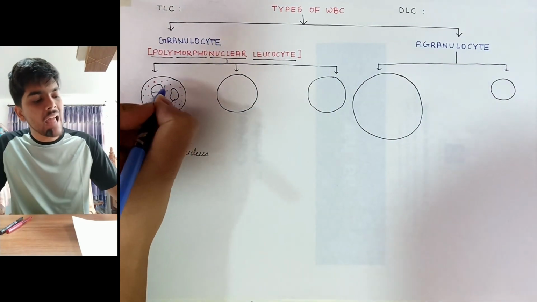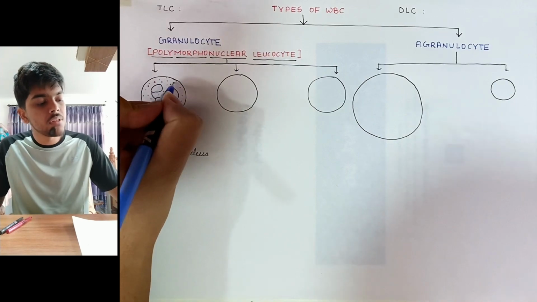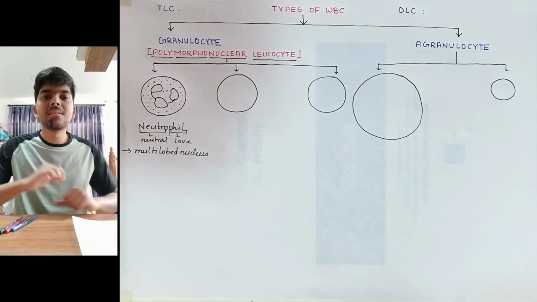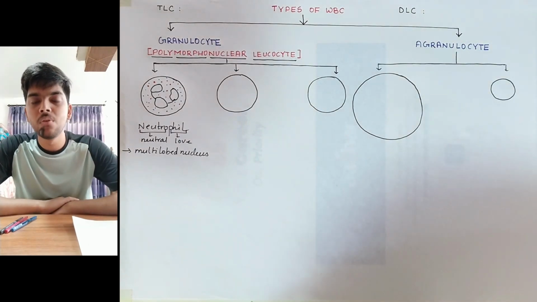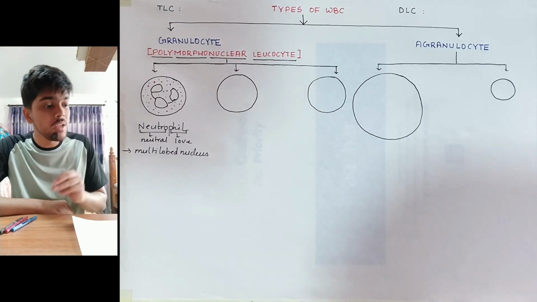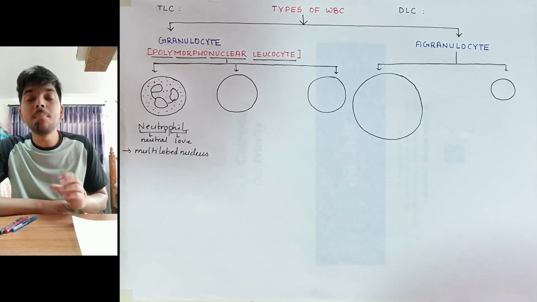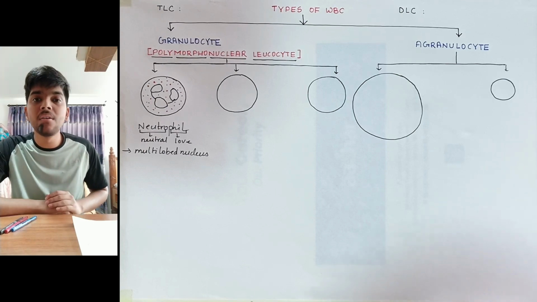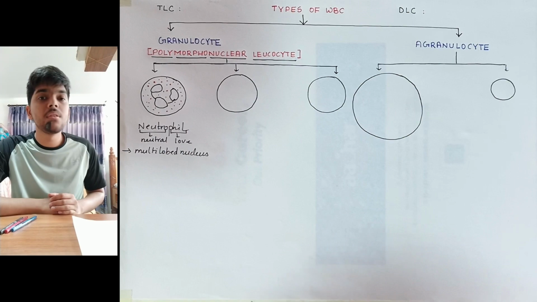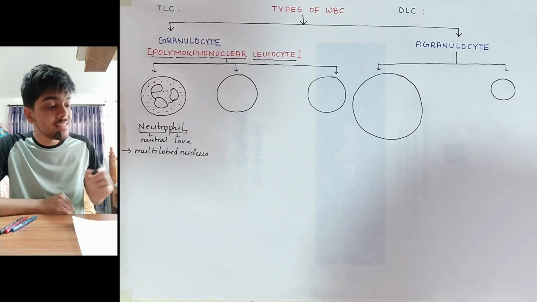So acidic granules are those granules that when stained with acidic dye imparts a red coloration when viewed or observed under a microscope. Similarly, basic granules are those granules found in granulocyte which imparts blue coloration when observed under a microscope when stained with a basic dye.